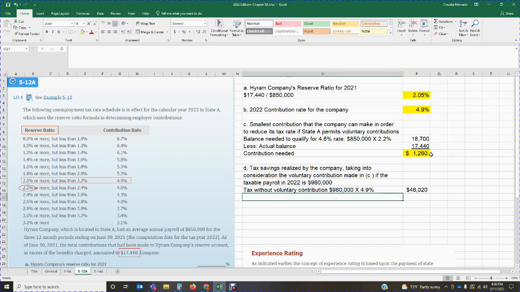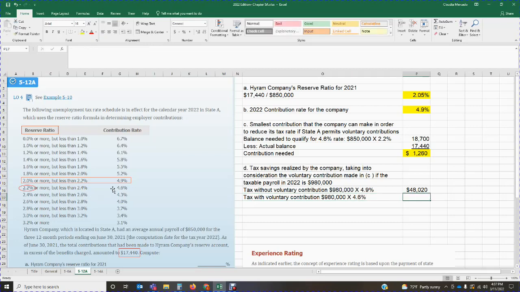Okay. If we were to put in the extra 1,260, so we could move from that 4.9 tier down to the 4.6 tier, then we would have the tax with the voluntary contribution. And then that would be 980,000 times 4.6%. That would be our adjusted rate.